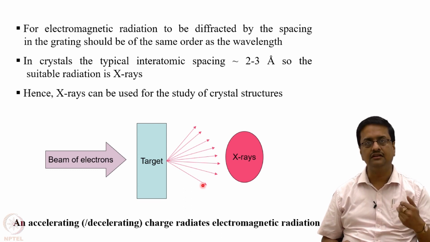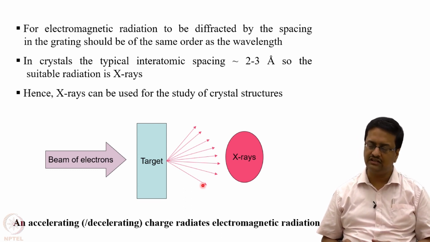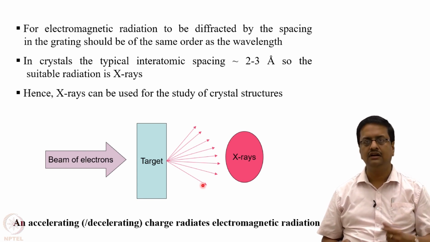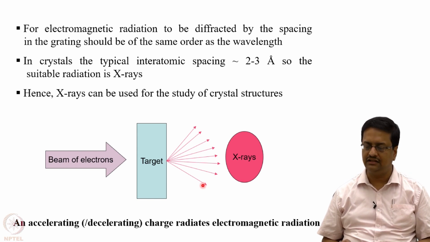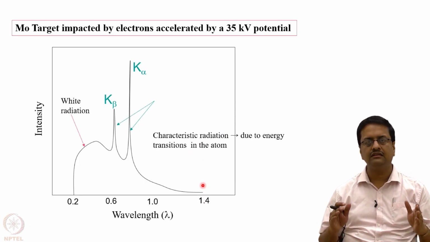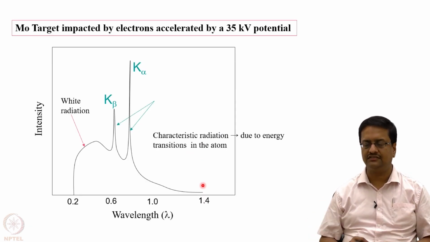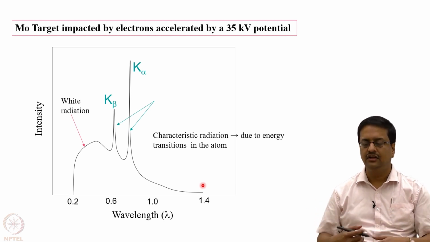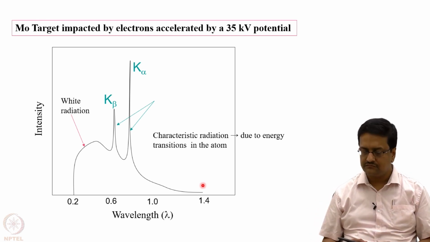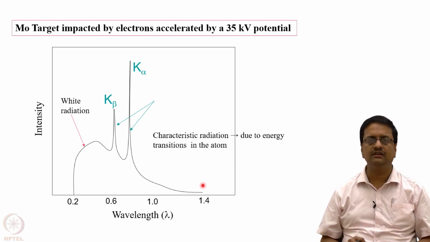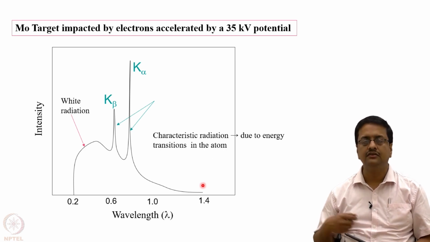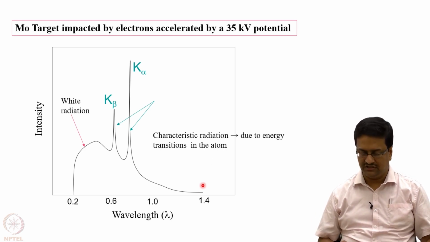Immediately it removes one electron from the innermost orbital, and the next level electron jumps down and emits a particular characteristic radiation. When the electron jumps from the next higher shell, it emits K alpha, and when it jumps from the second higher shell, it is called K beta. In general, for all X-ray diffraction applications, we use this K alpha radiation.